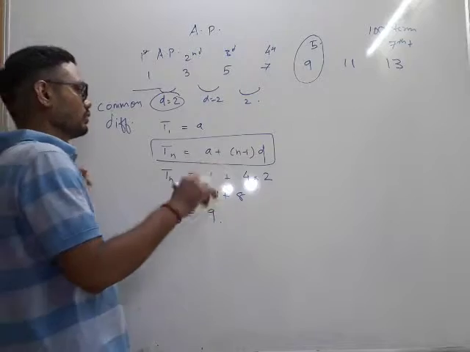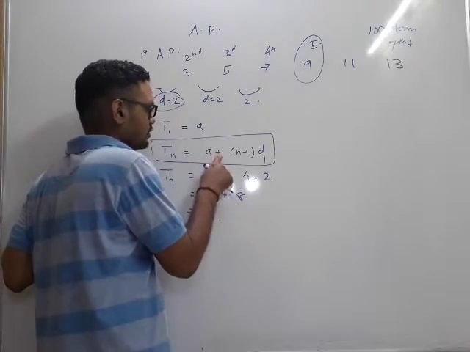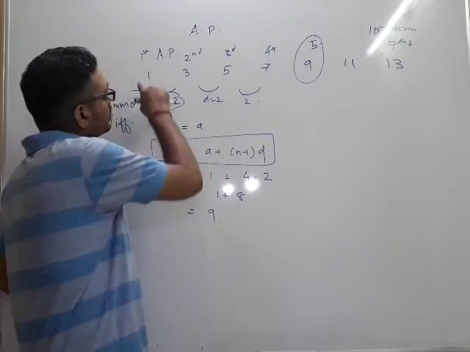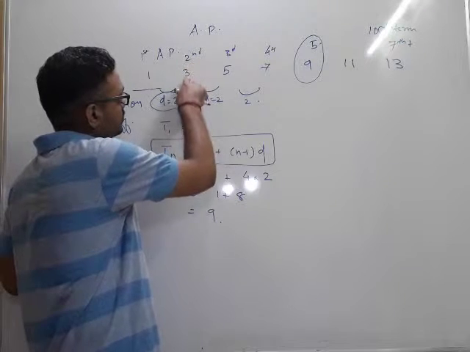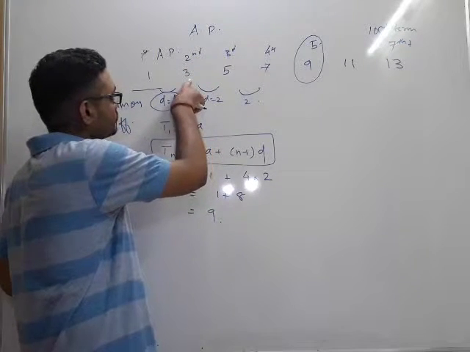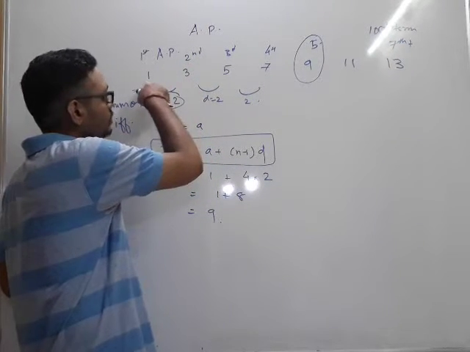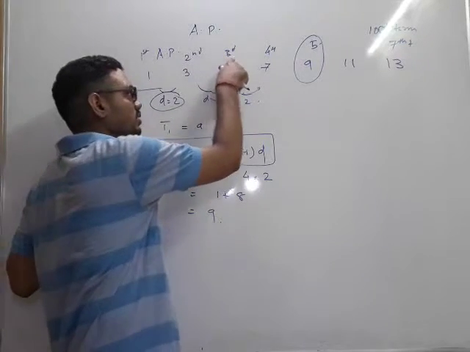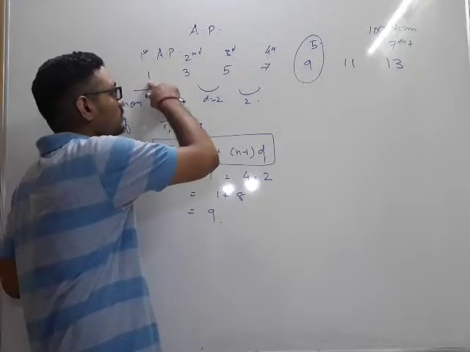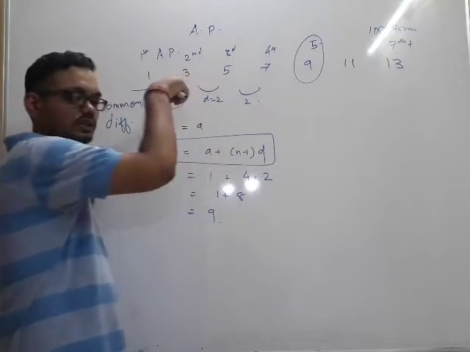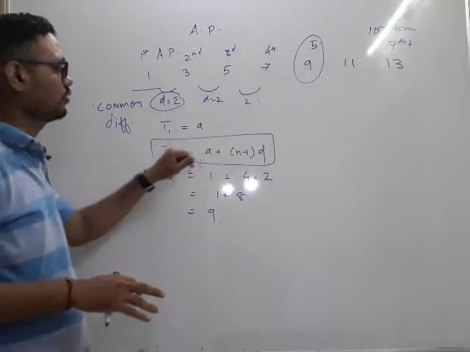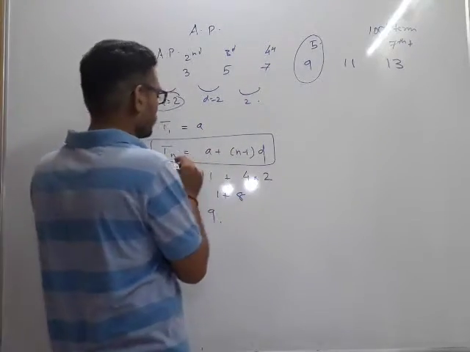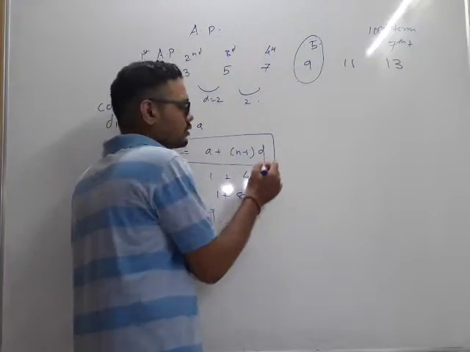A plus n minus 1 into D. The second term has A plus 1 common difference, the third term has A plus 2 common differences. So it is a combination of n minus 1 times the common difference.